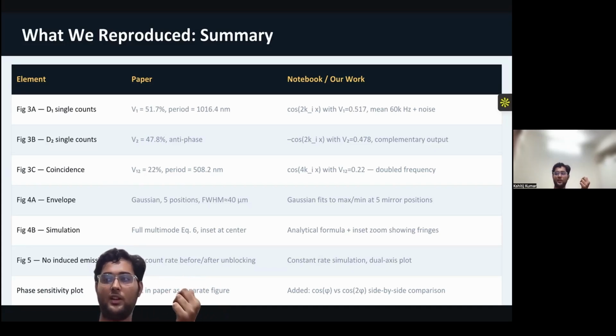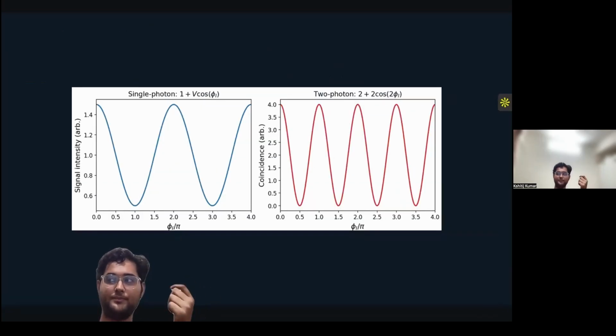For the fifth figure, the absence of induced emission, we simulated the flat count rate experiment, confirmed no change at the unblocking event, and explained why the result rules out stimulated emission as the origin of coherence. Then we added the phase sensitivity comparison plot on the previous two slides, not in the paper, but a useful pedagogical addition that makes the quantum advantage visibly explicit.